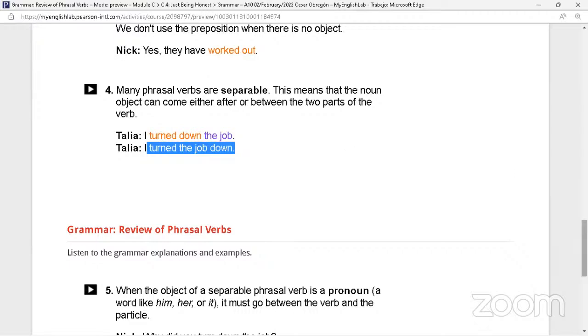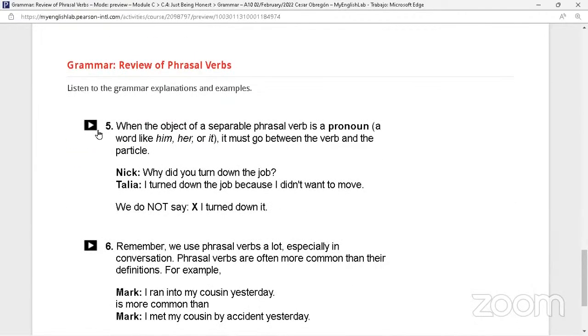All right, five. When the object of a separable phrasal verb is a pronoun, a word like him, her, or it must go between the verb and the particle. Why did you turn down the job?